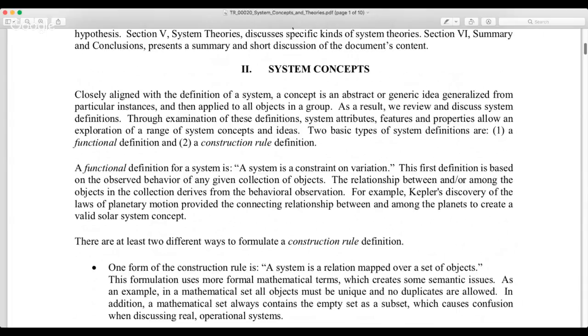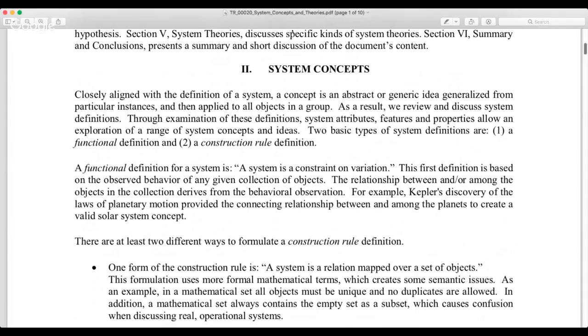Many different mathematical theories were proposed to define the system. Kepler came up with, during his time, the most accepted theory and description of the solar system and how the planets move. That was based on the constraint of the planets themselves. So that's a functional definition of a system.